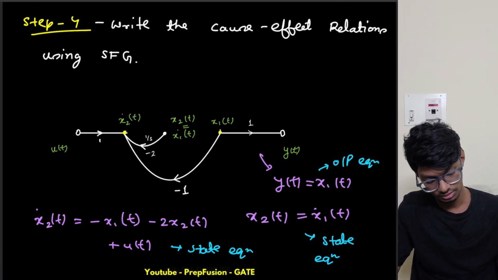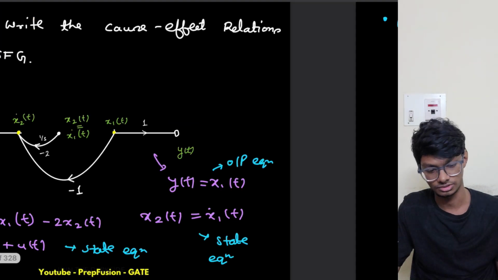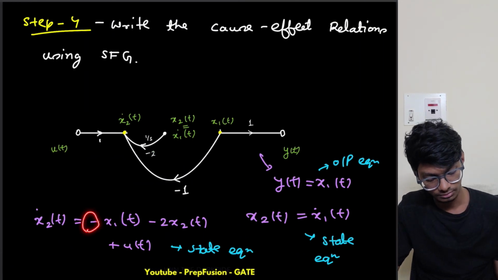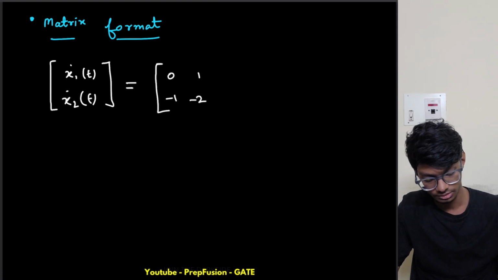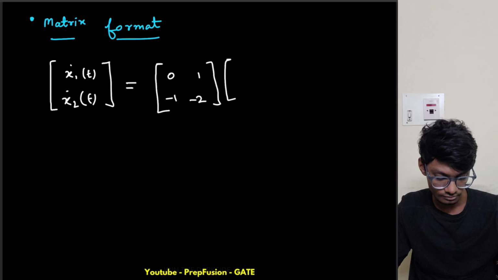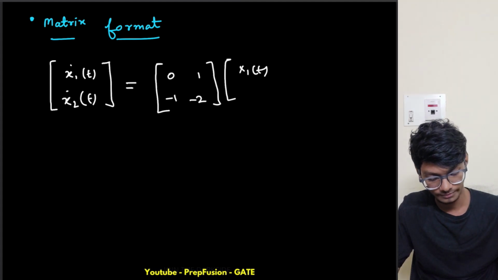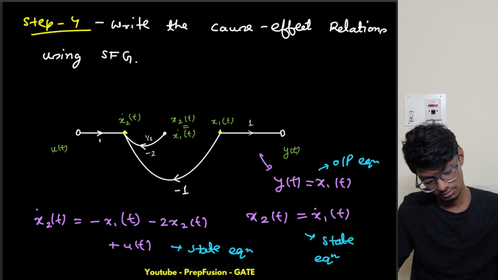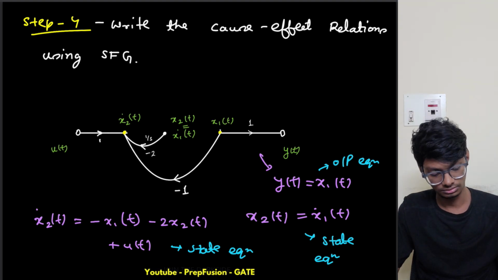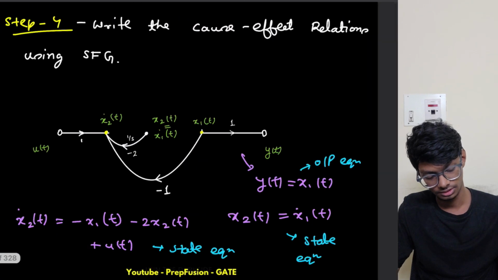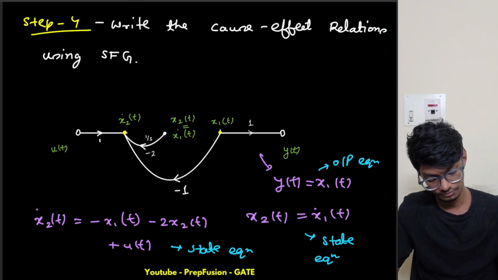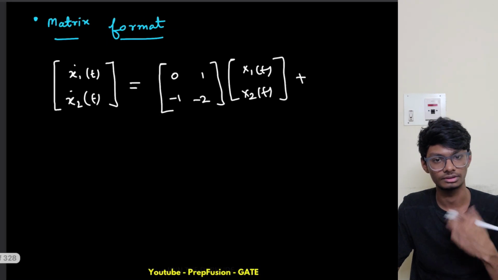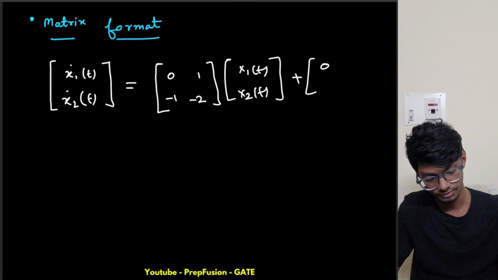It is 0 times x1 plus x2, so 0 1, and x2 dot is minus 1 times x1 minus 2 times x2, so minus 1 minus 2, times x1 of t, x2 of t, plus the input. x2 dot is related with the input by 1, but x1 dot is not related with the input, so this will be 0 and this will be 1.